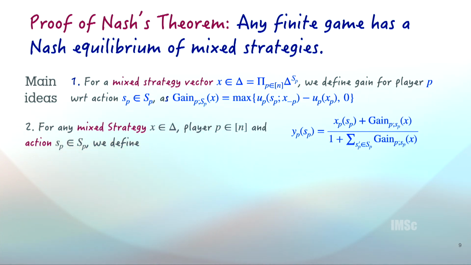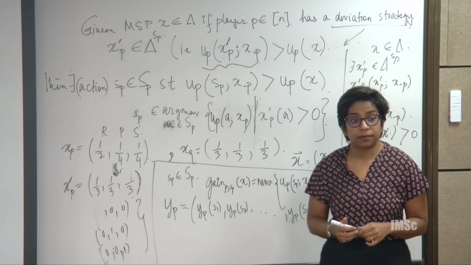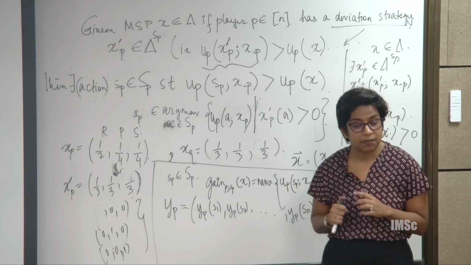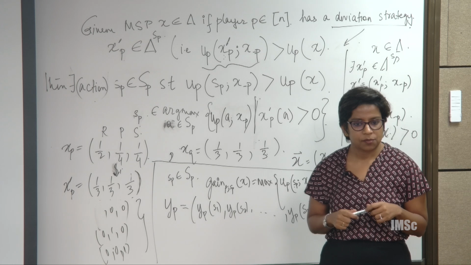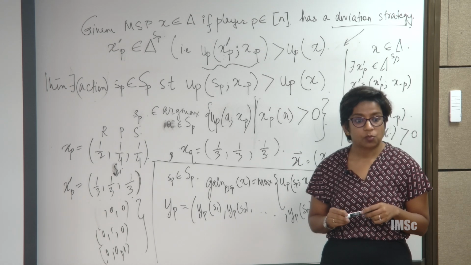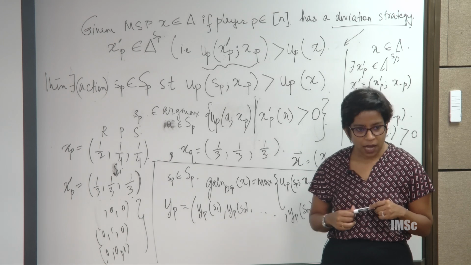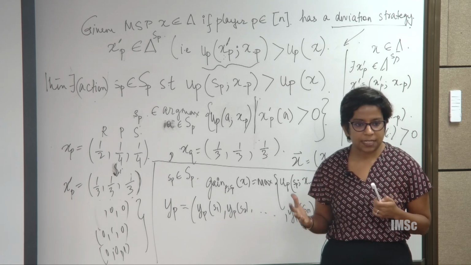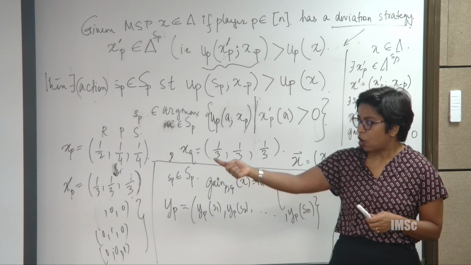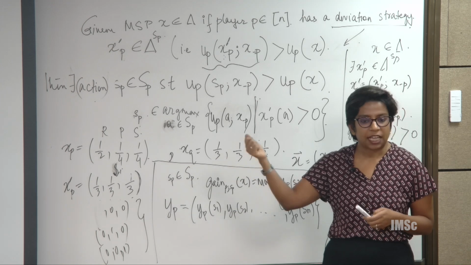This is something I defined, right, some perturbed version of xp. What do I have to show for this to be a valid mixed strategy? Somebody? 1, exactly, right. This is a valid distribution. So, the summation of all these yp sp values is 1.